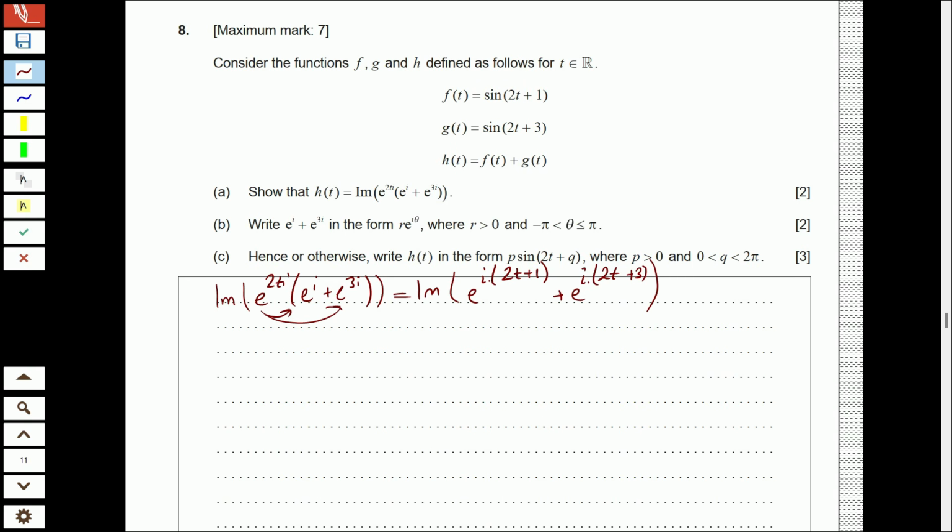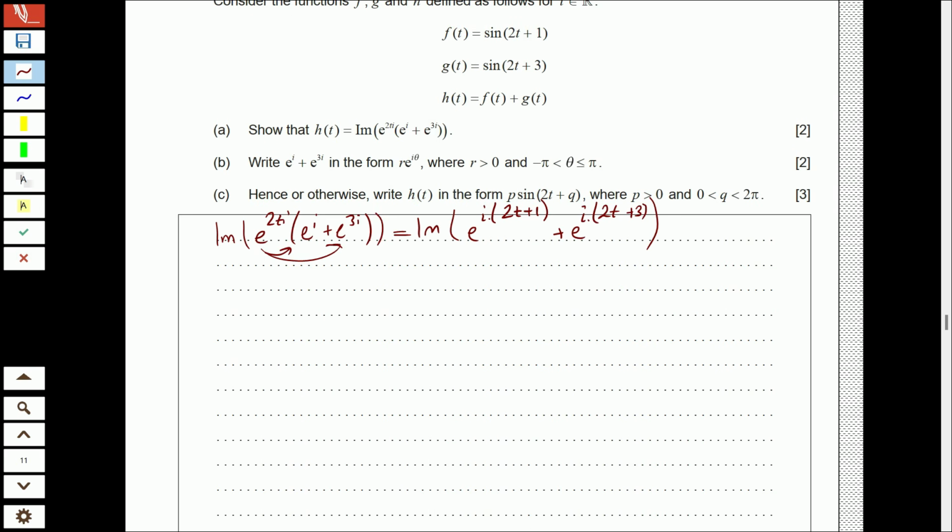Since this is the Euler form of a complex number, e to the power of i theta equals cosine theta plus i times sine theta, I can write directly the imaginary part of this complex number: for the first one, sine of 2t plus 1, and for the second, sine of 2t plus 3. So which is f(t) plus g(t).